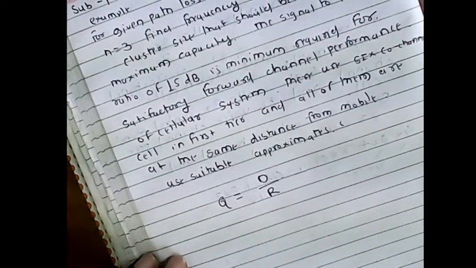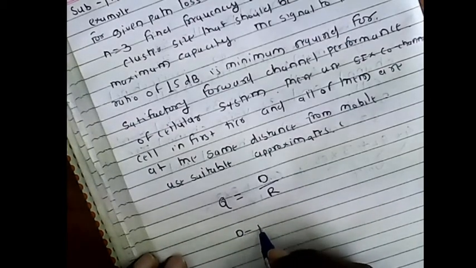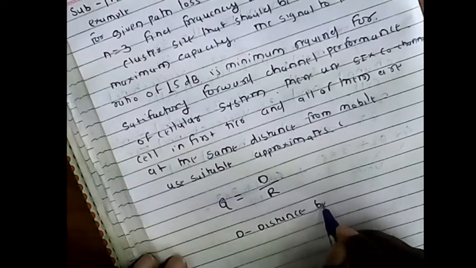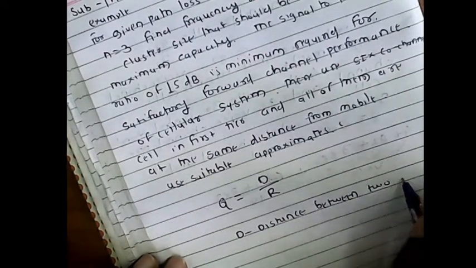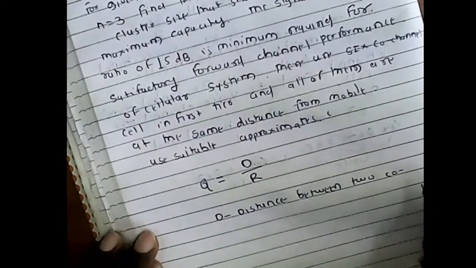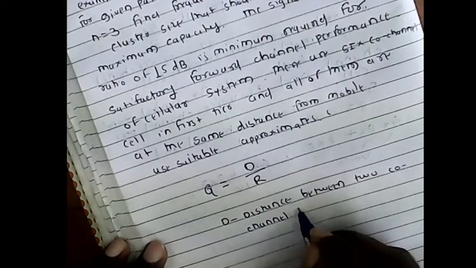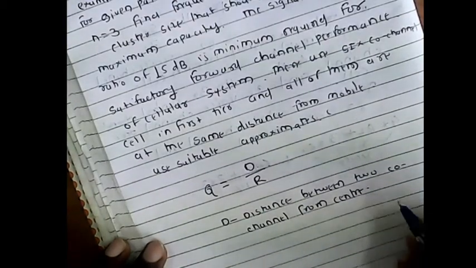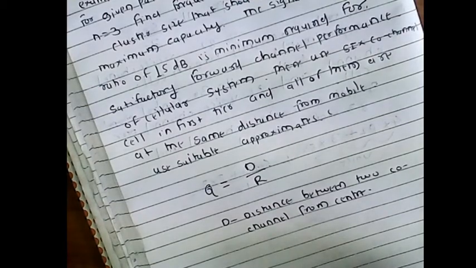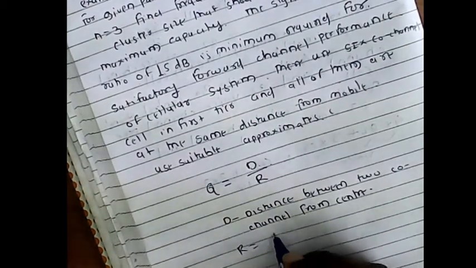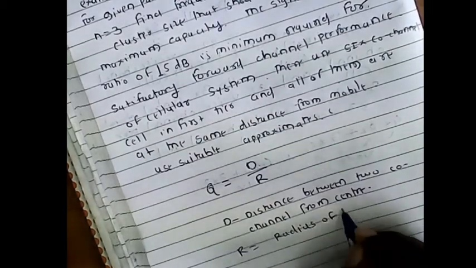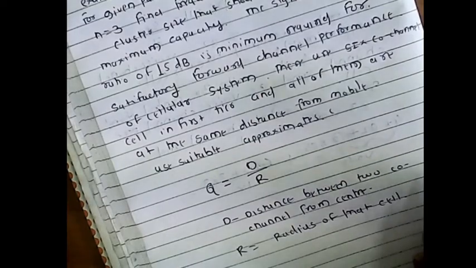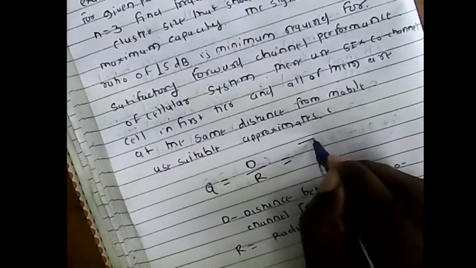D is the distance between the centers of two co-channel cells which are operating at the same frequency, and R is the radius of the cell. This is also given by the square root of 3N.